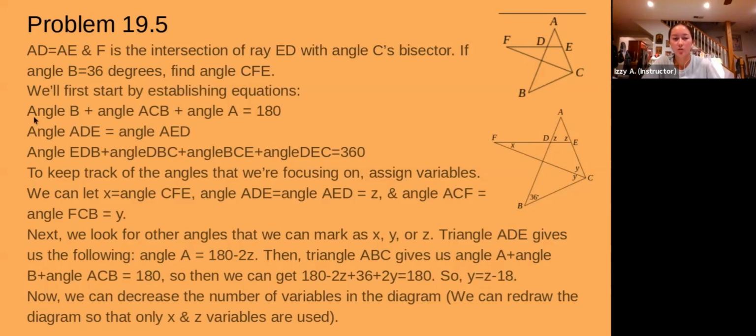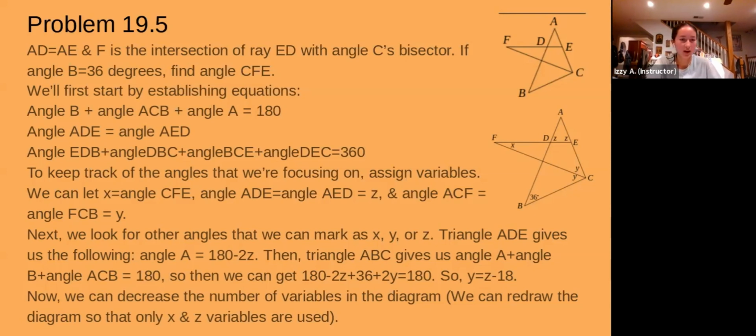Then you can also establish that angle ADE is equal to angle AED. And then you can establish that angle EDB plus angle DBC plus angle BCF plus angle DEC is equal to 360 degrees.